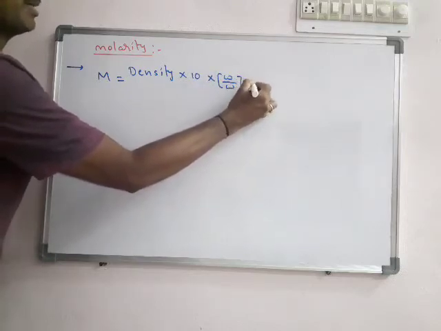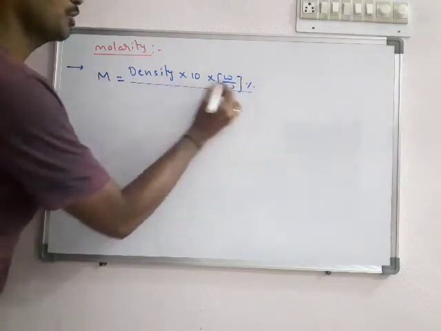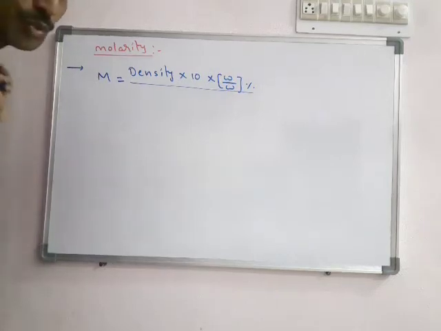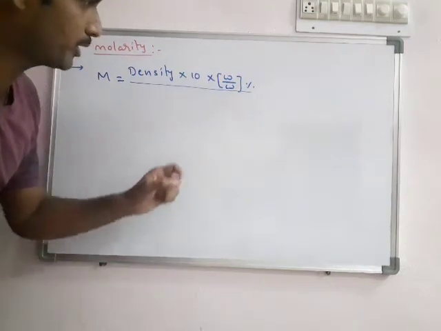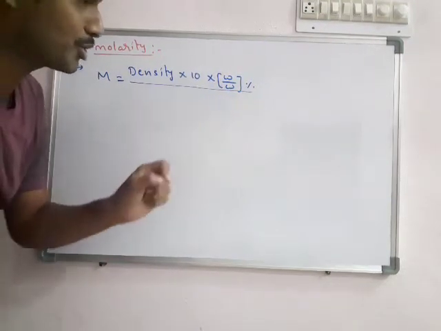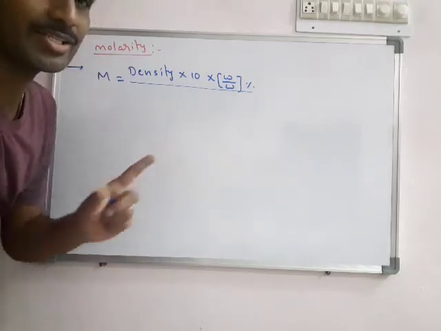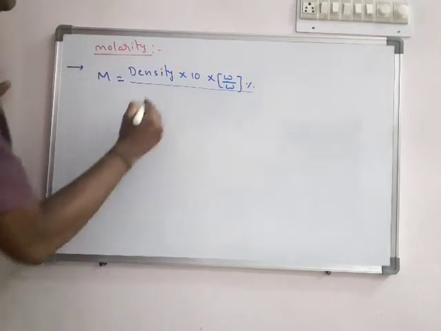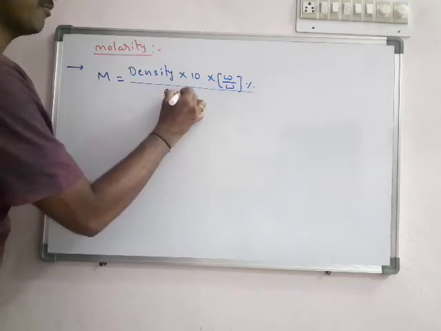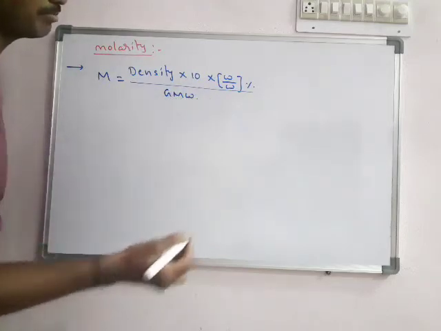So the weight by weight percentage must be known to use this formula, along with the density of the solution, divided by gram molecular weight. Gram molecular weight is nothing but molecular weight.